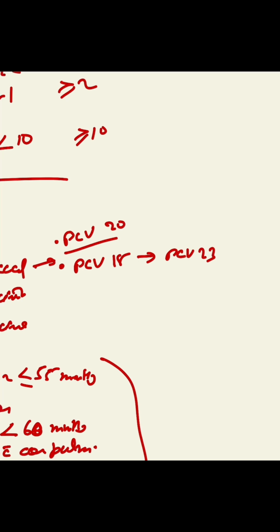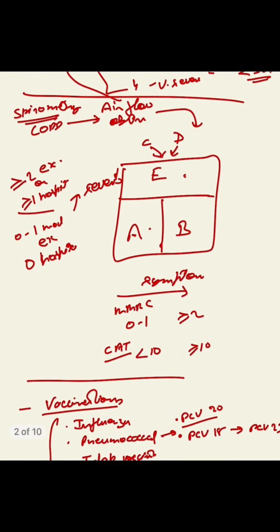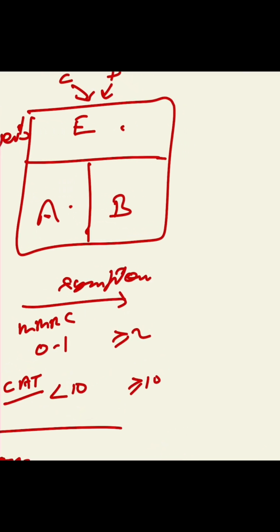Okay, now let us jump into the therapy part, that is how to use the therapy and what management protocols have changed there. Since we dealt with this kind of table previously also, apart from the E category, where C and D are merged, nothing much has changed.